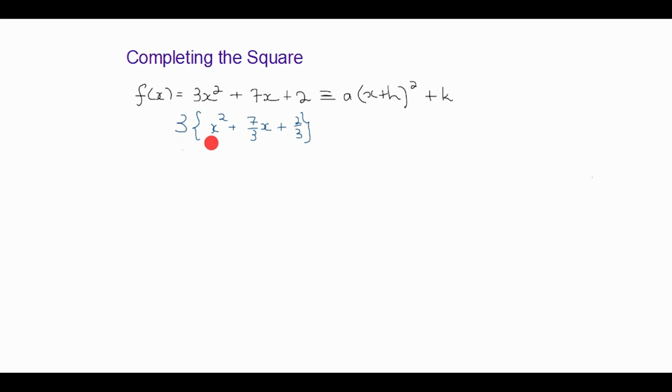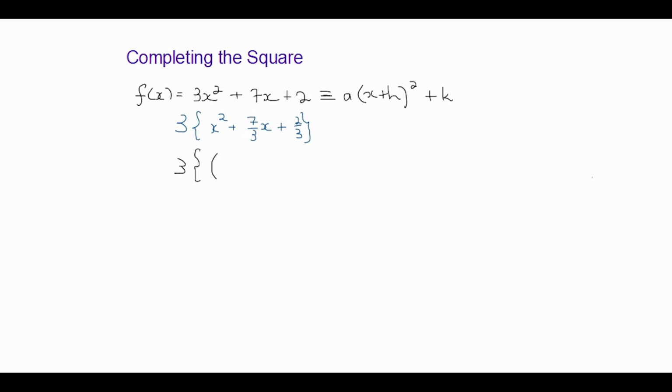From there, we're going to just follow the same process that we did before. We're not forgetting this 3 outside, because it's going to be important later, closer to the answer.